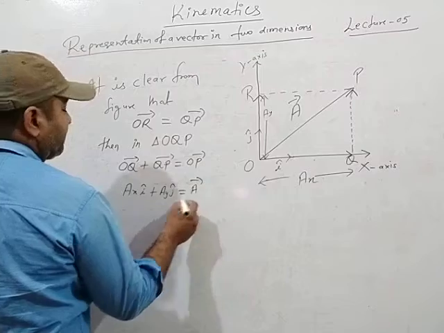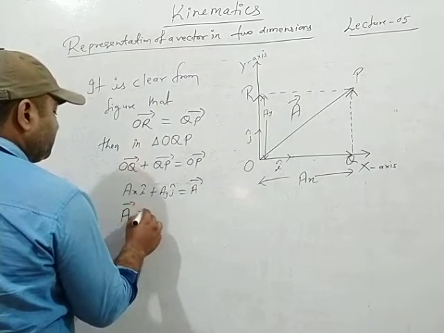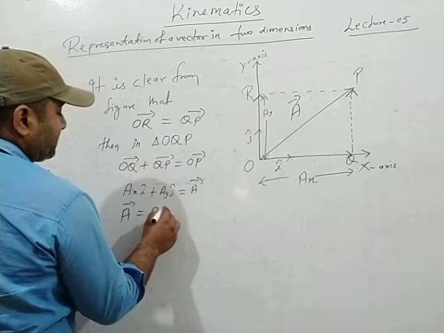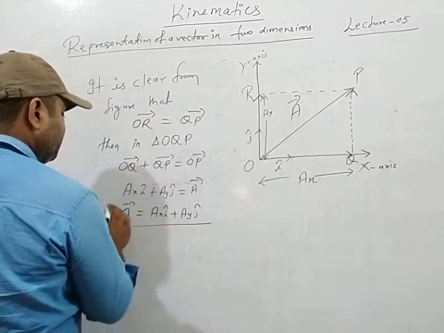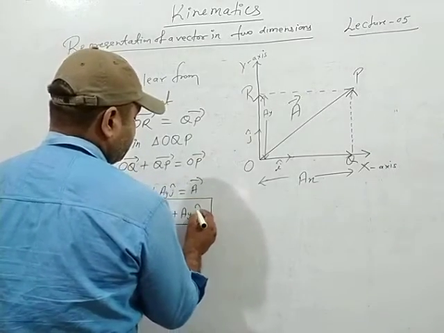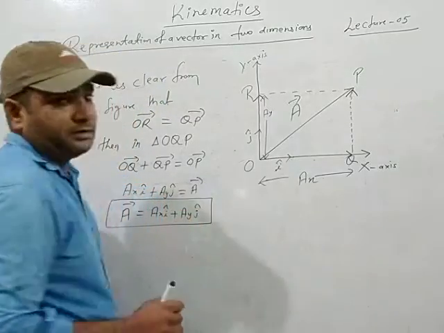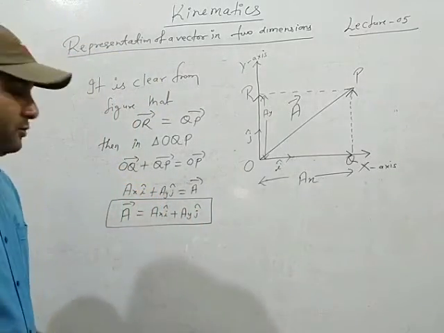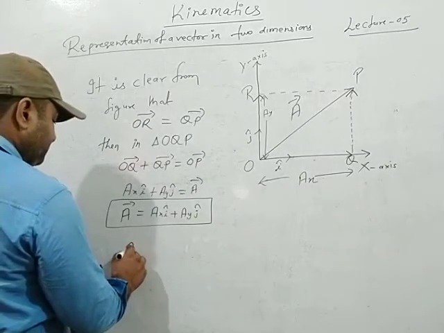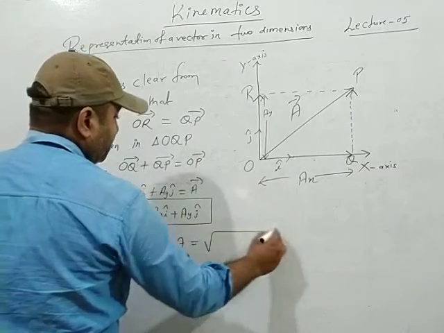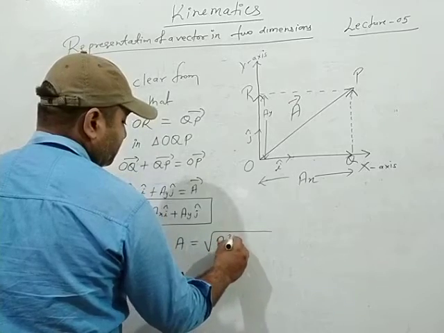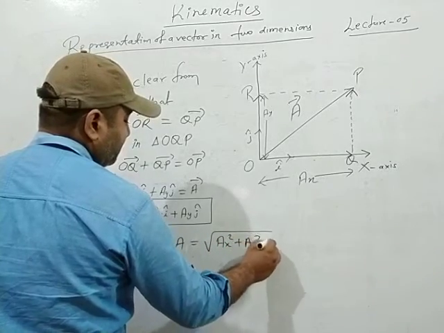That is vector A. So vector A is equal to AX i plus AY j. This is the representation of a vector in 2 dimensions. Clear? So the magnitude of this vector, mod A, is equal to A, which is the square root of AX square plus AY square.